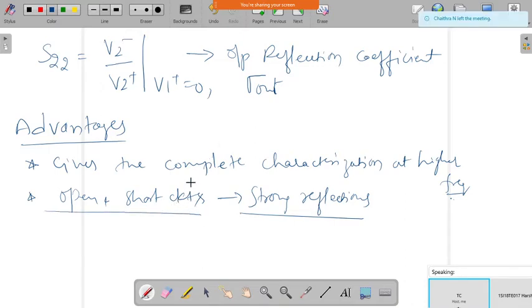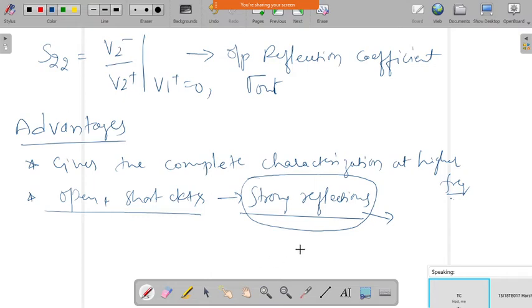And one more thing here. Since there are strong reflections, if I do not properly terminate the ports with matched terminations, then at the input side the reflected wave will damage the circuitry.